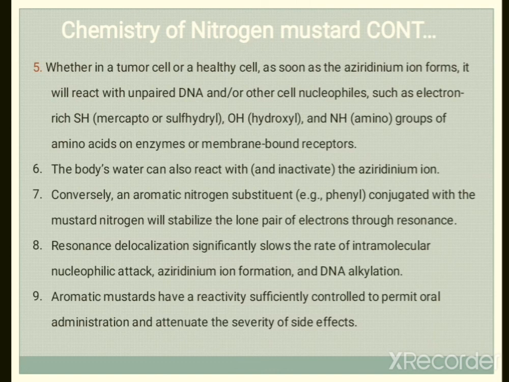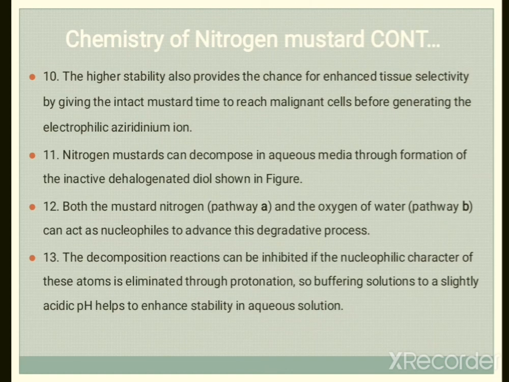So aromatic mustards have reactivity sufficiently controlled to permit oral administration and attenuate the severity of side effects. The higher stability also enhances tissue selectivity by giving the intact mustard time to reach the malignant cells before generating the electrophilic aziridinium ion.